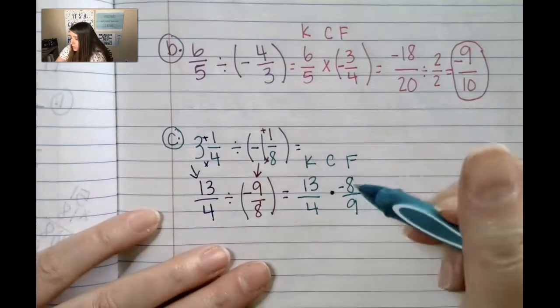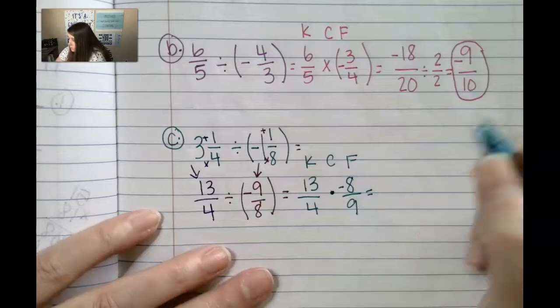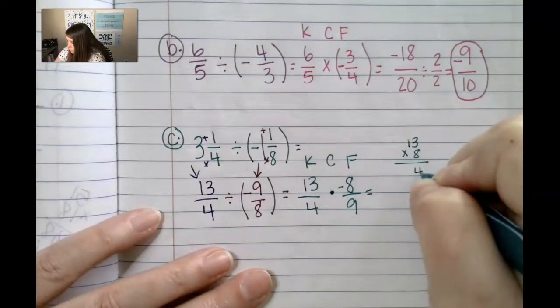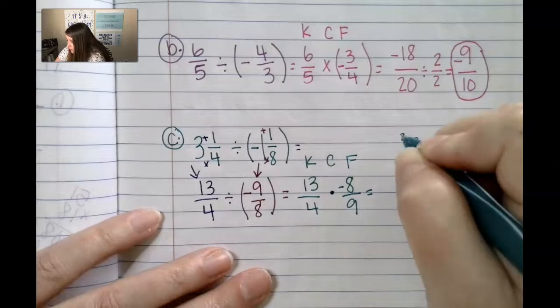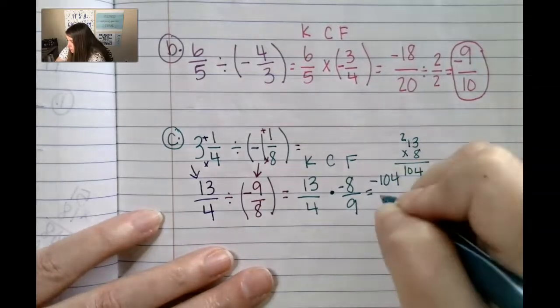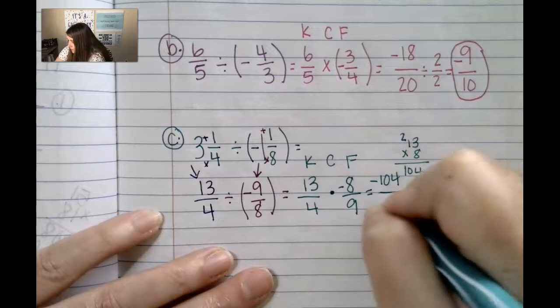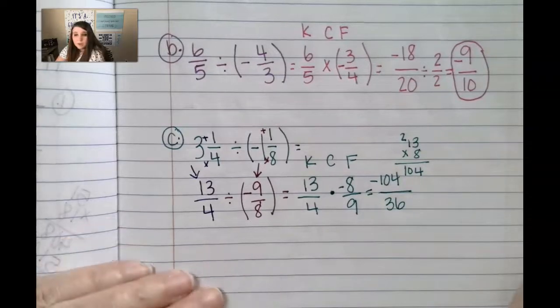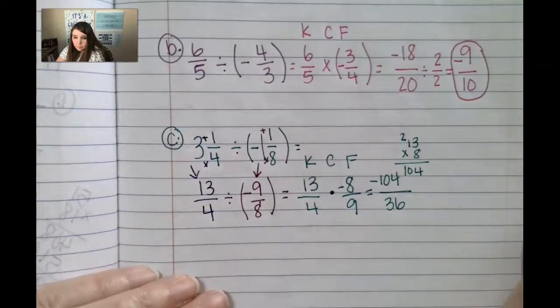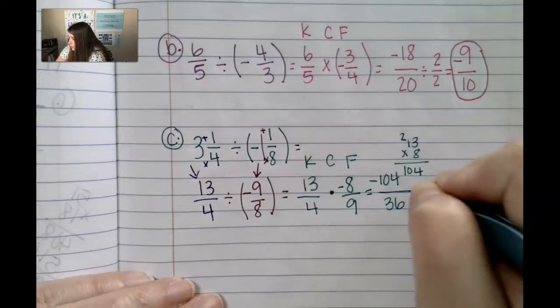I have 13 times 8. So I need to find 13 times 8. It's 24. Carry the 2. 8, 9, 10. That is 104, and it was negative. And 4 times 9 is 36. So now I am ready to divide. 104 divided by 36.